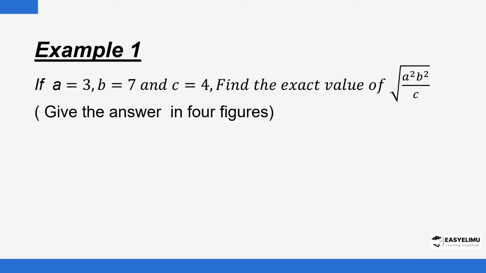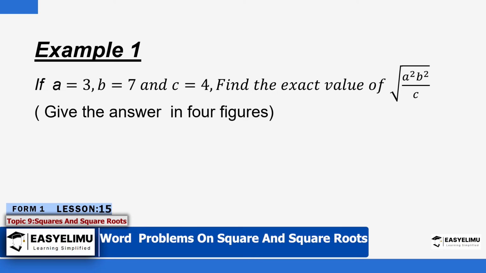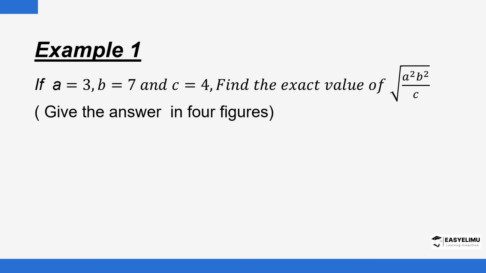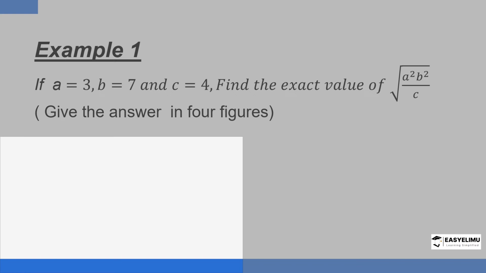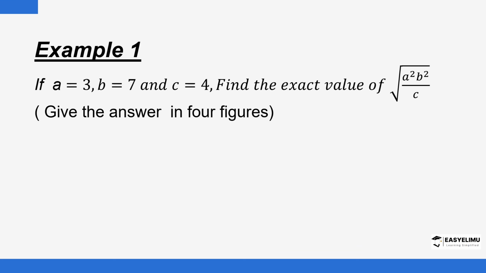So we have our first example here that we want to go through just to see how this can be done. What you're going to do is simplify what is inside the bracket, inside the root, first. So we have the root sign here, and inside it we have a squared. a is 3, so you substitute first.